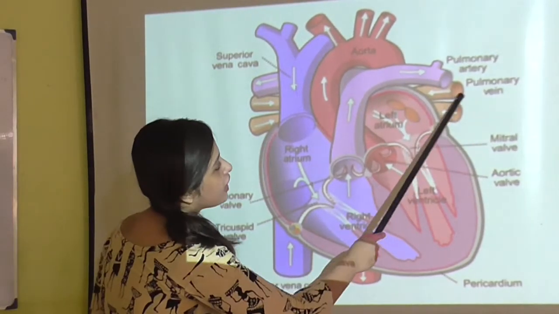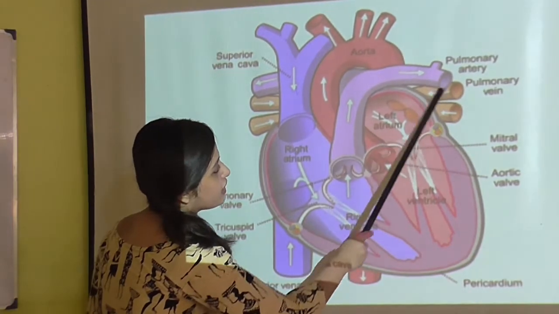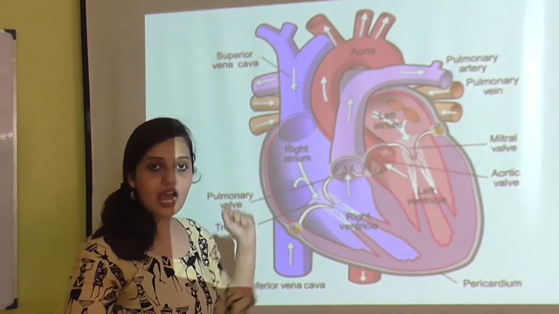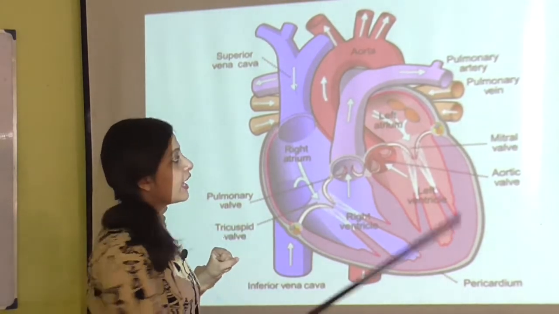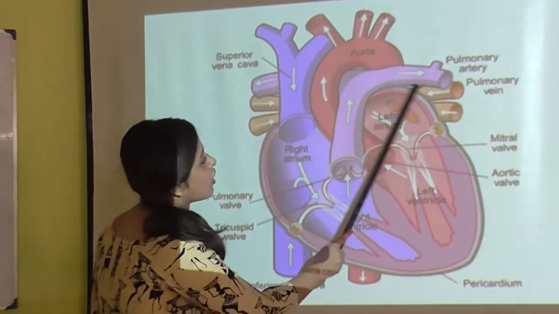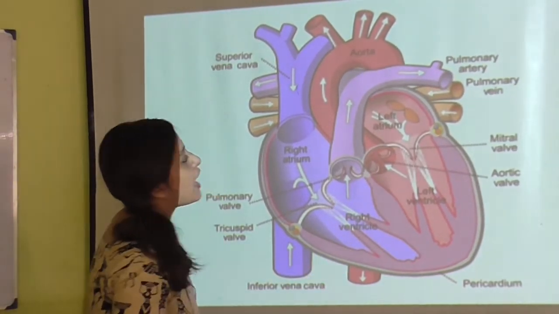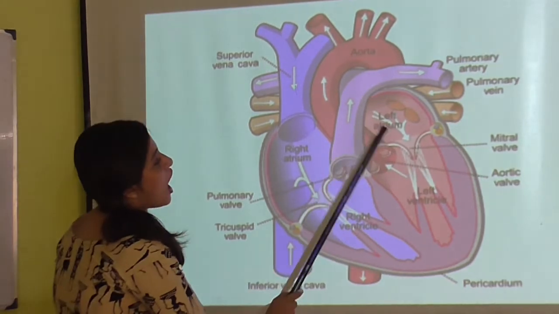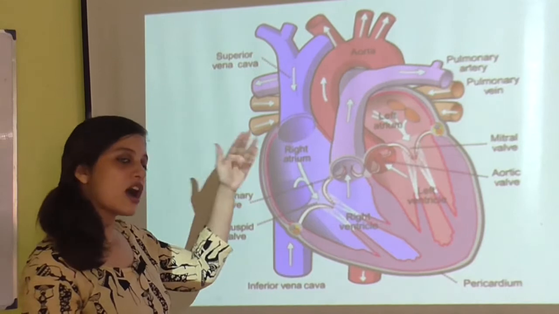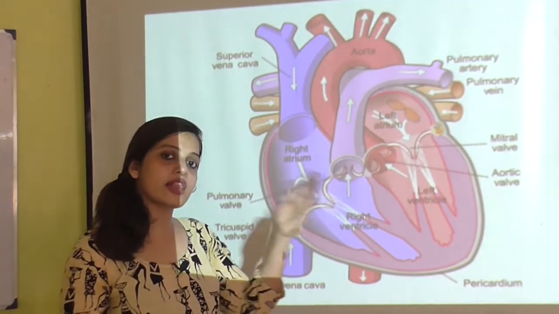After giving off the carbon dioxide and taking the oxygen in the lungs, it will return back to the heart in the third chamber. This third chamber is known as the left atrium or left auricle.